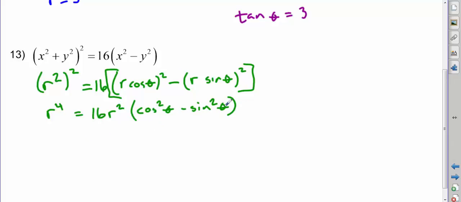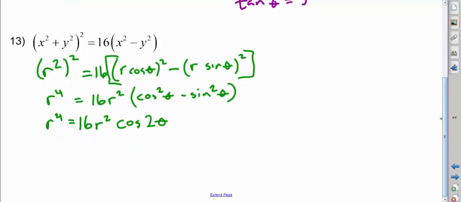You know that the cosine squared theta minus sine squared theta is exactly the same as the cosine of 2 theta. We had 3 forms to write cosine of 2 theta, our double angle. That's one of them. And then the other step we would do, we could go ahead and divide by r to the second, and we'd have r squared equals 16 times the cosine of 2 theta.